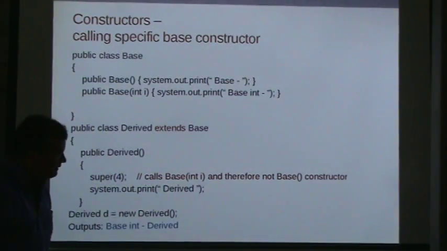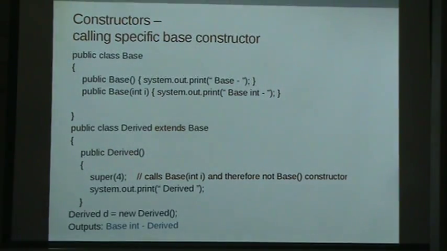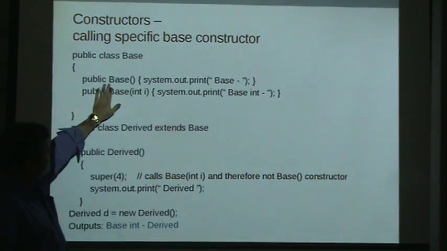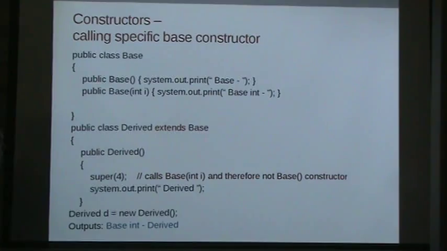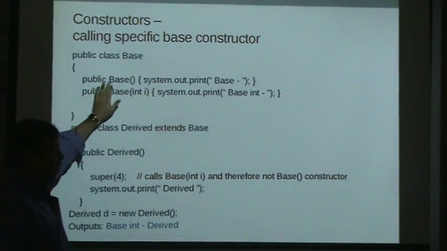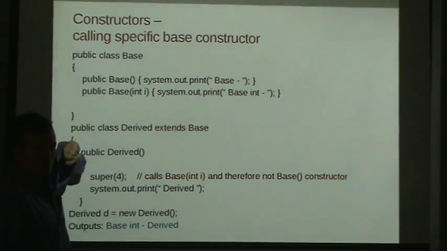Okay, so we talked about a method called a constructor in a class. And the constructor is a method that has the same exact name as the class. And remember when it runs?